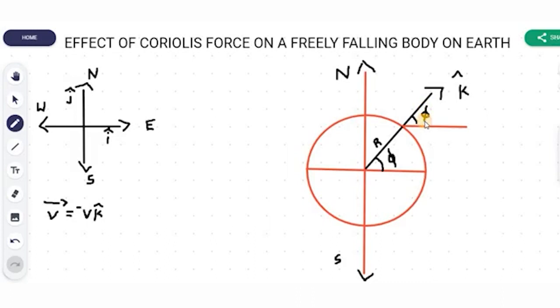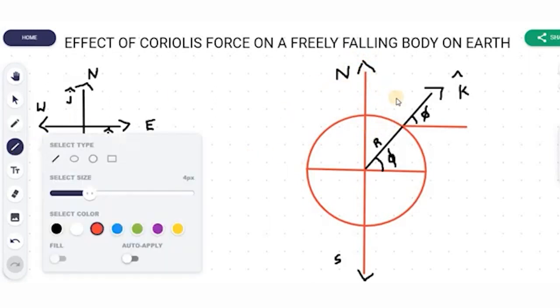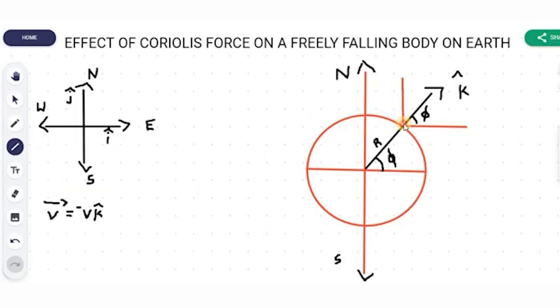Since earth is rotating in this direction, its axis of rotation is this. So I'll have the earth rotating with the angular velocity omega, and that will be in this direction.